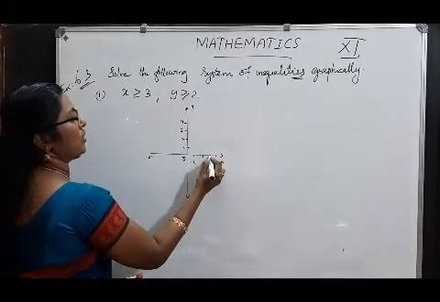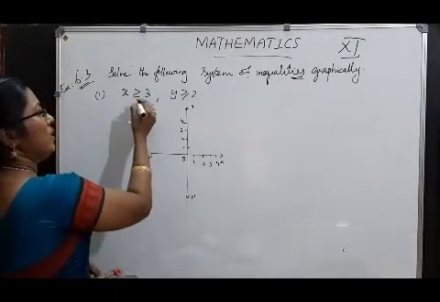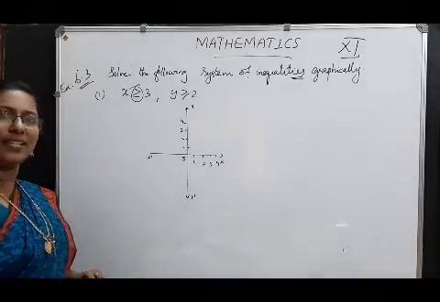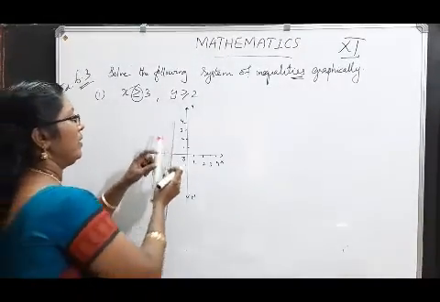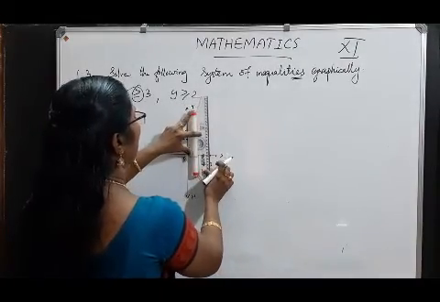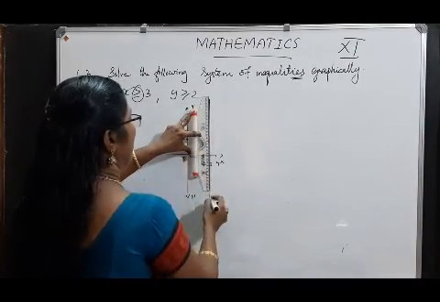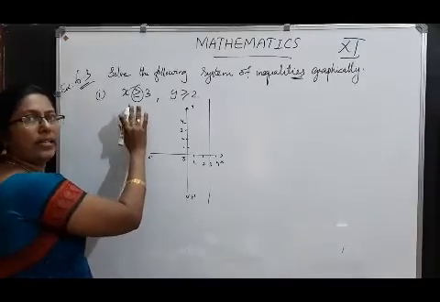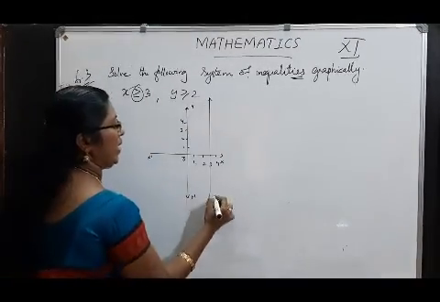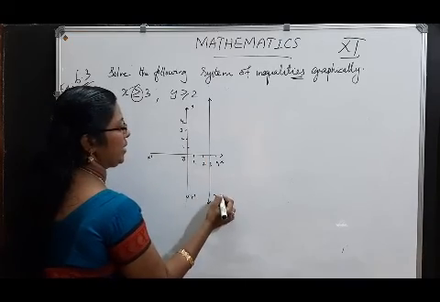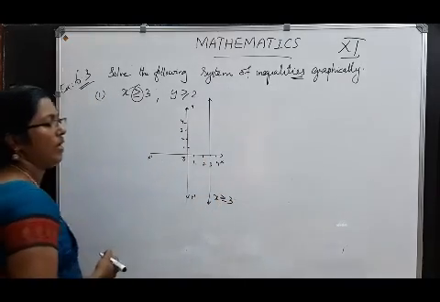Here x equal to 3. It is a slack inequality, so you can draw the line. When x equal to 3, that line is parallel to the y axis.